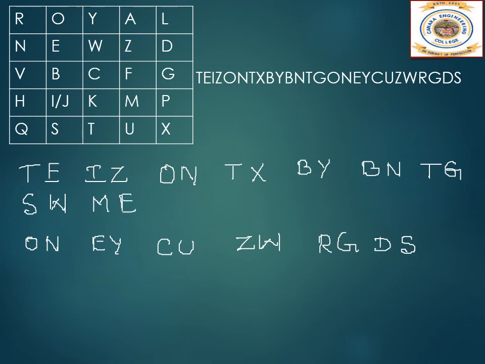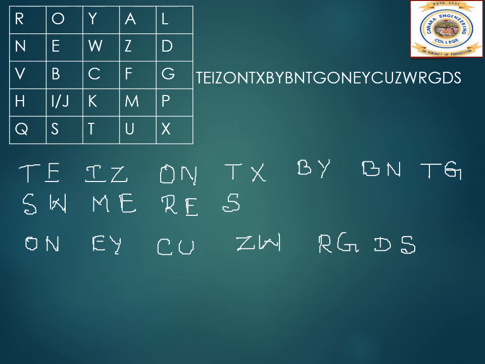Next it is O and N. So for O we replace with R, N we replace with E. T and X, same row it is. So one step backward.